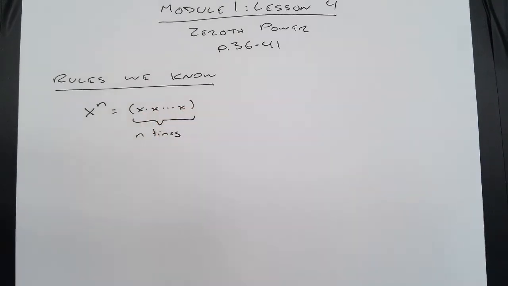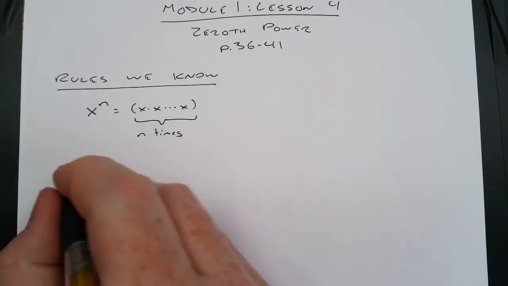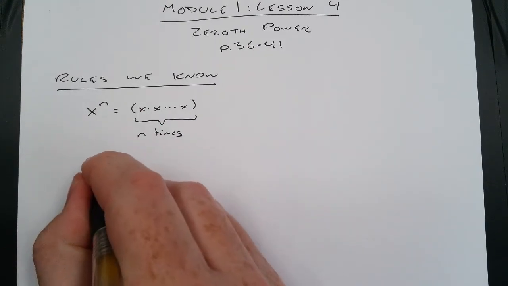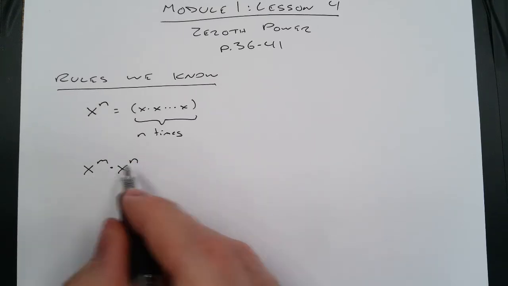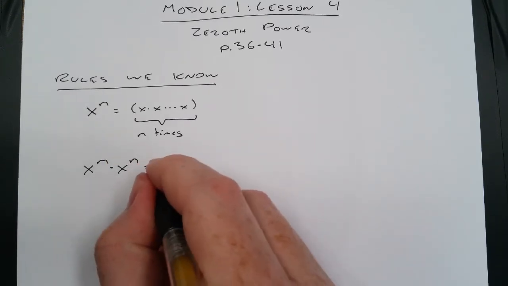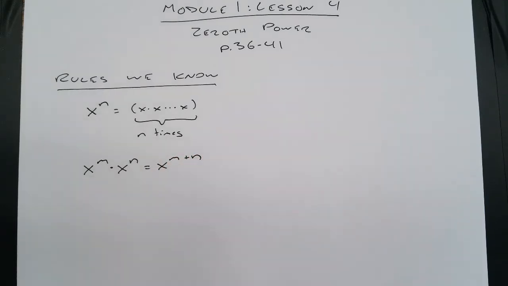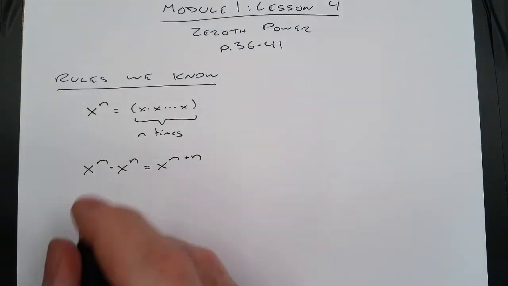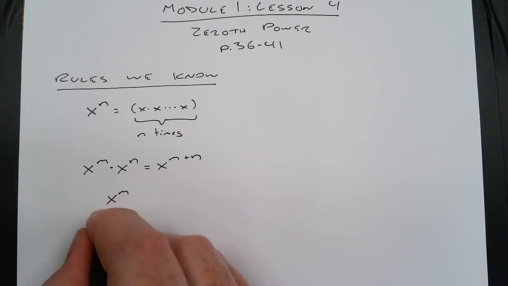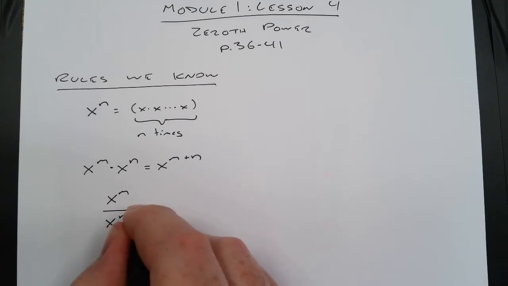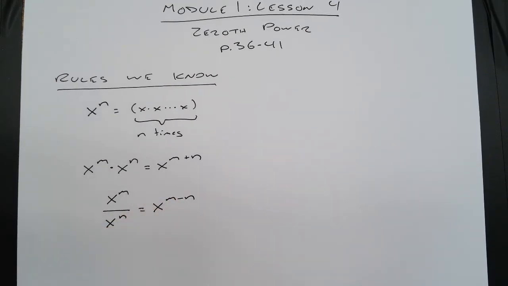That was lesson 1. Lesson 2 showed us that when we multiply the same base with two different exponents, we can add the exponents. And also, when we divide the same base with different exponents, we can subtract the exponents.